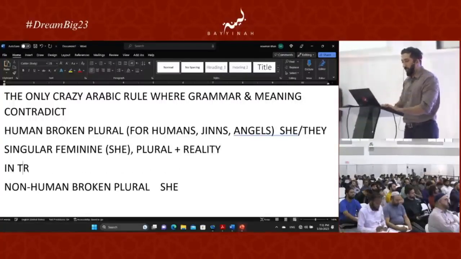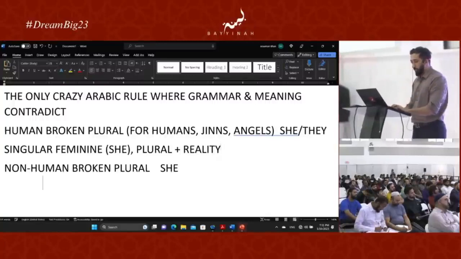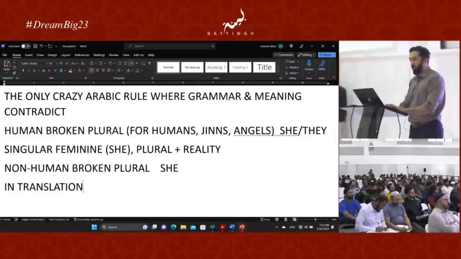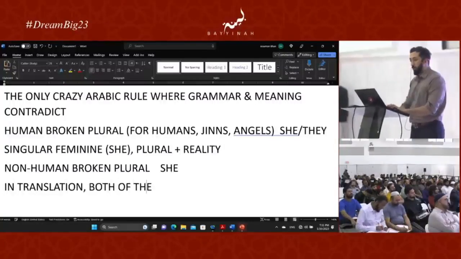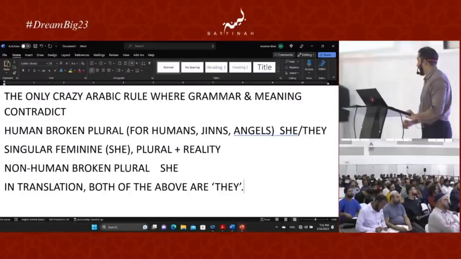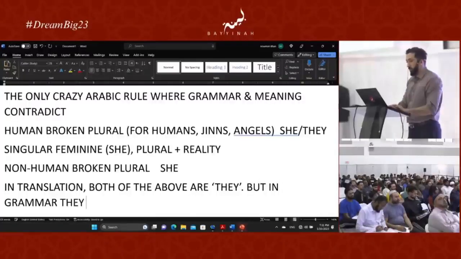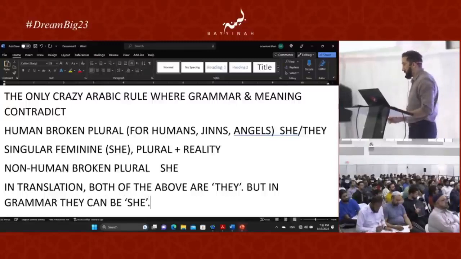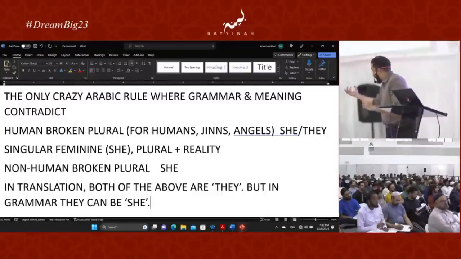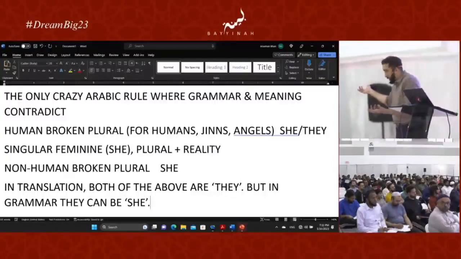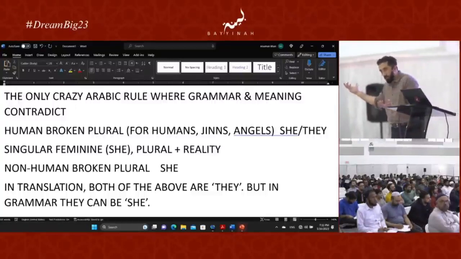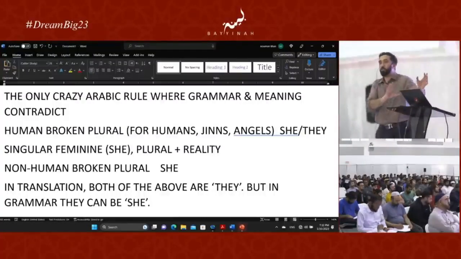Actually, in translation, both of the above are they. But in grammar, they can be she. Meaning the grammar does not affect the translation. The translation is not going to say she. The translation is going to say what? They. That's why this is a confusing rule.